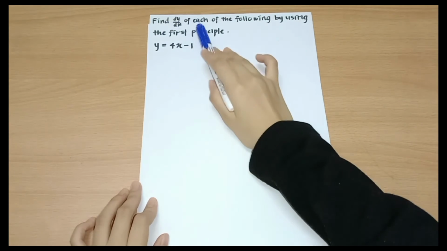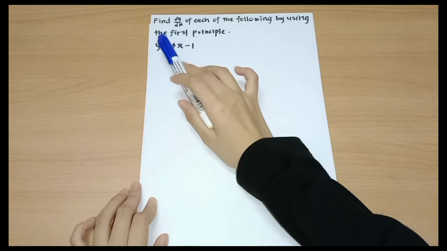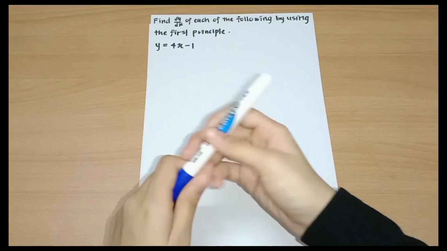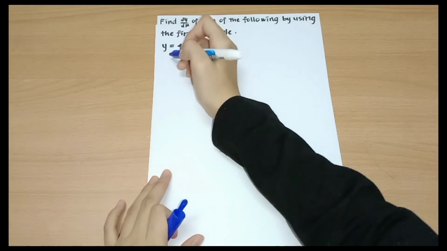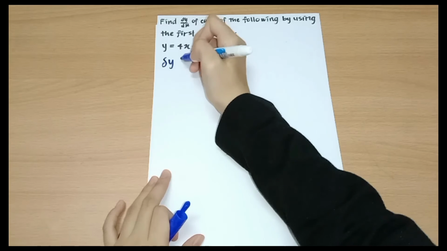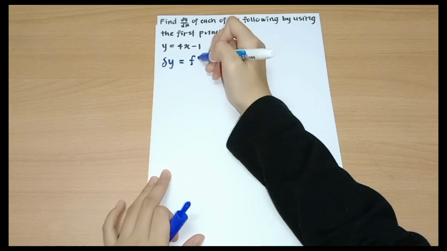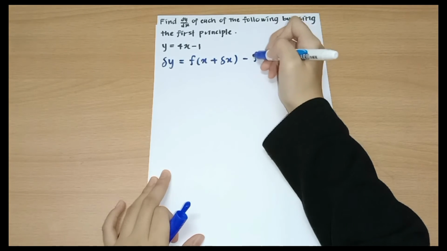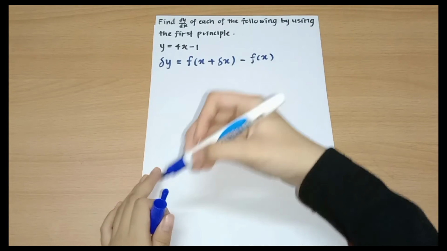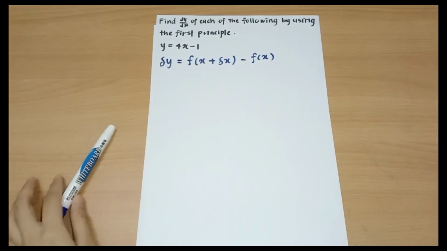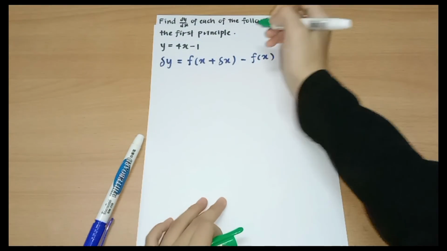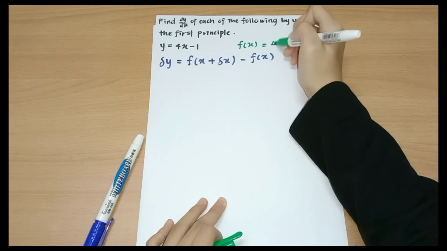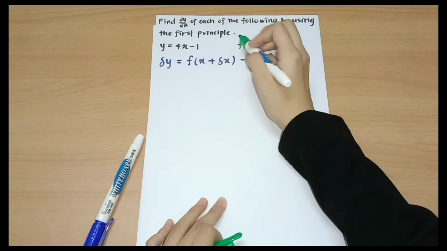Find dy over dx of each of the following by using the first principle for y equals to 4x minus 1. By using formula delta y equals to f(x plus delta x) minus f(x). First of all, we must know that f(x) equals to 4x minus 1.